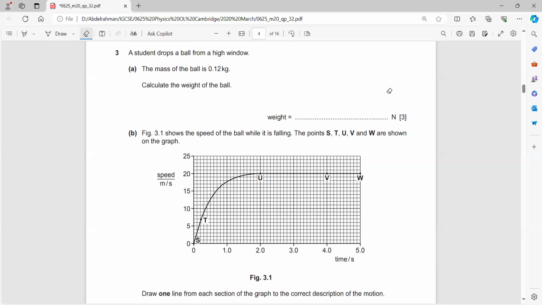Calculate the weight of the ball. Weight equals mg.